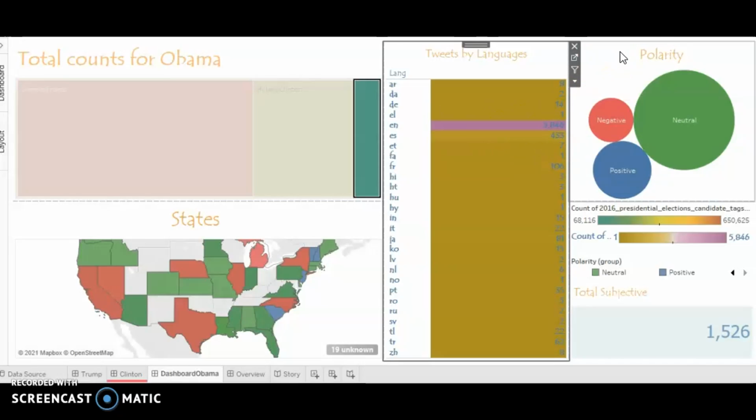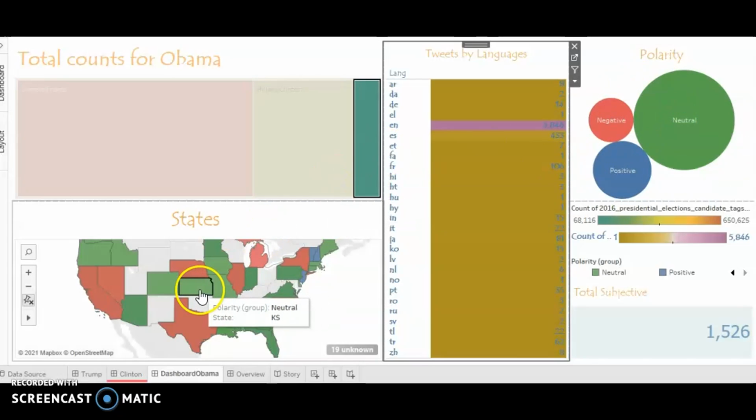And when we performed the sentiment analysis, the polarity of neutral tweets out of the 68,000 was 4,374. We got a negative of 861 and a positive of 1,464.